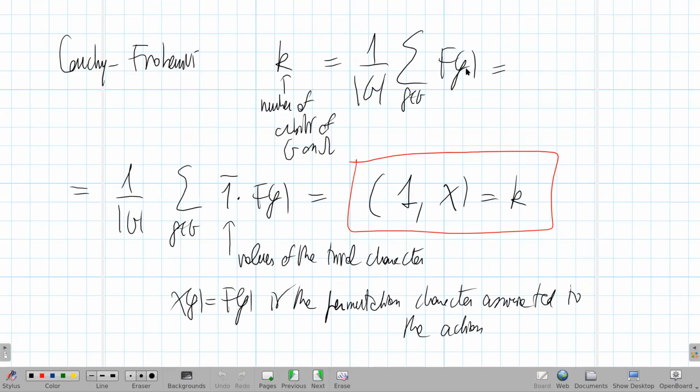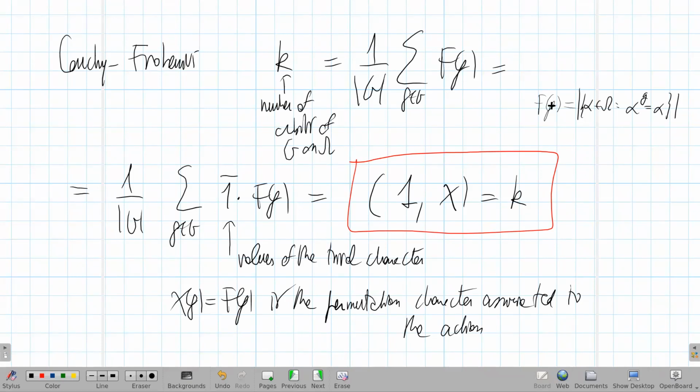F of G is the number of fixed points of an element G. So F of G is the number of alpha in omega which are fixed by G. Okay, and we had seen that if you average over G, so you sum over G and then divide by the order of G, if you average the number of fixed points, what you get is the number of orbits.